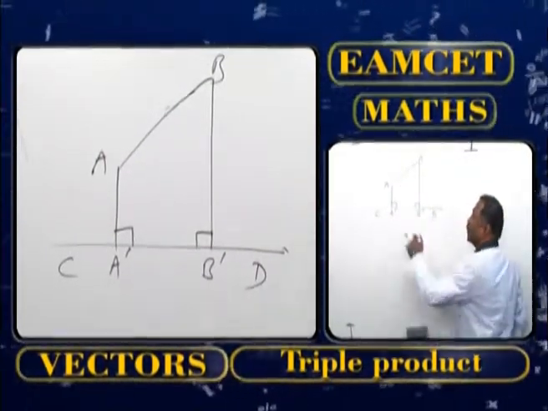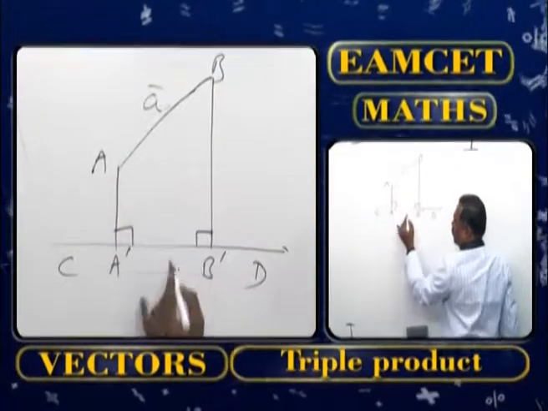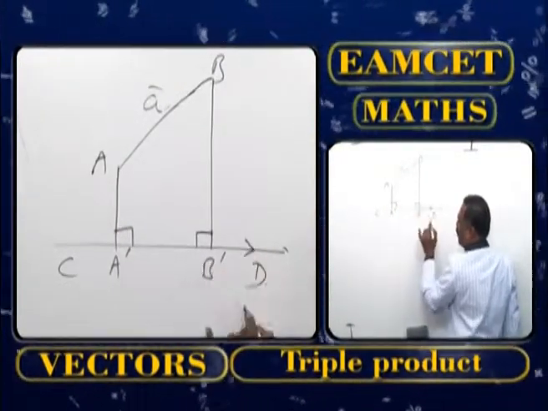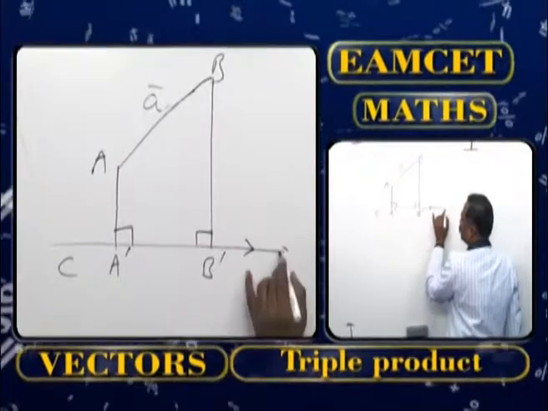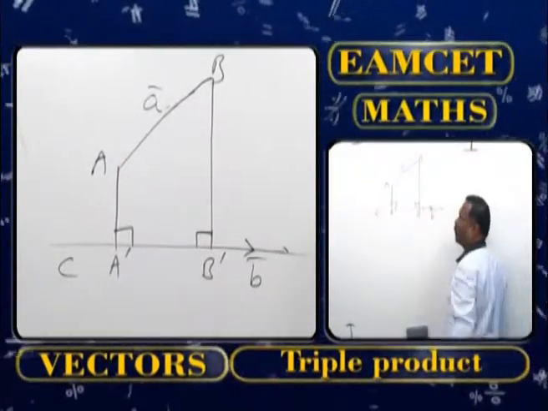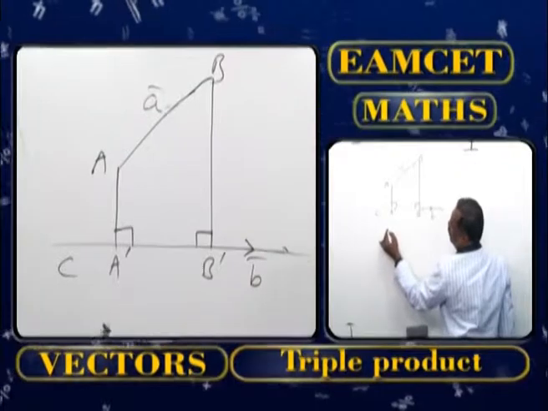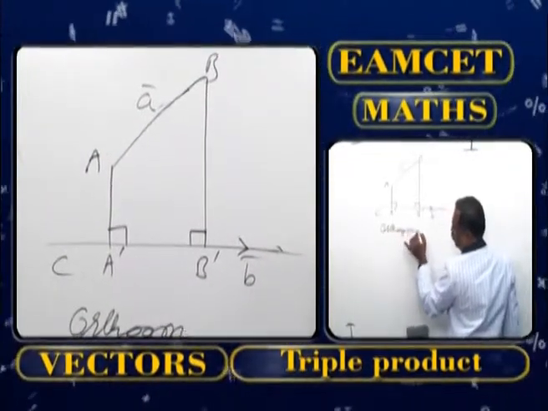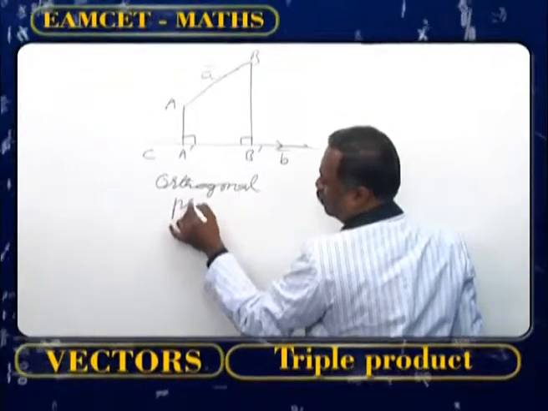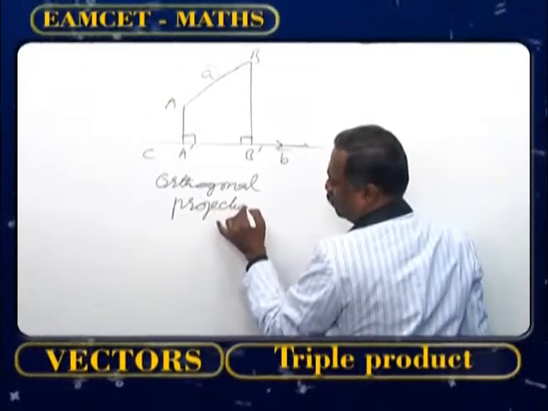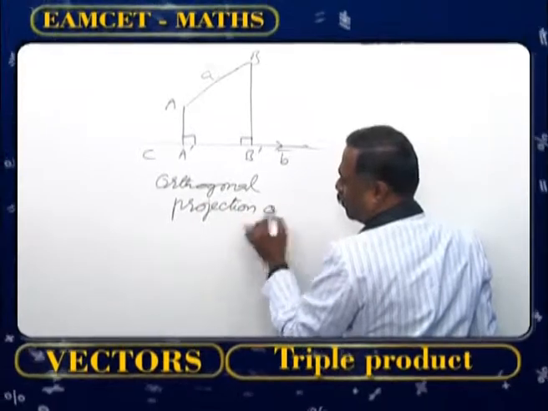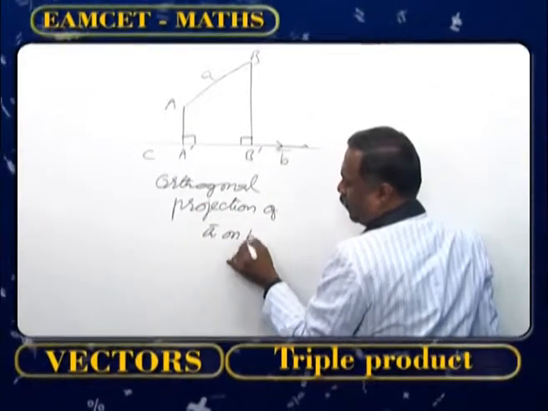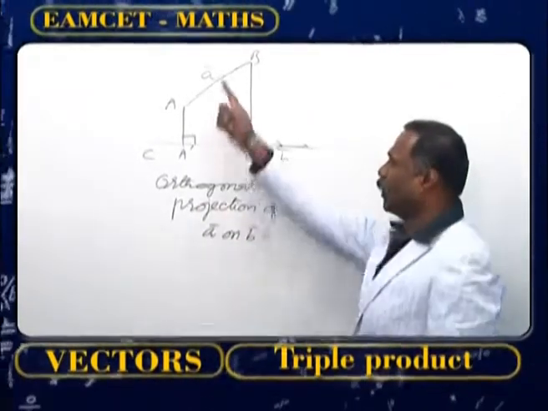So let us suppose this is A bar, this is B bar. Orthogonal projection of A bar on B bar.